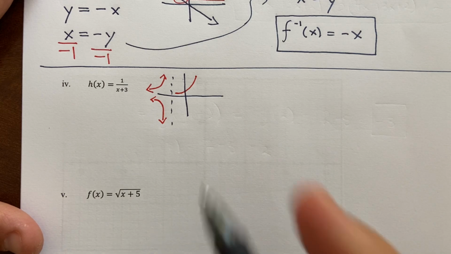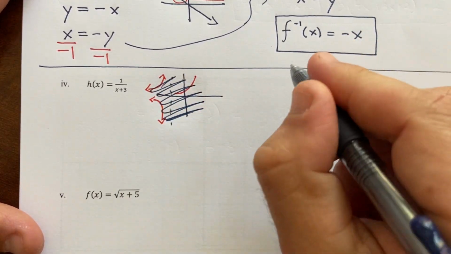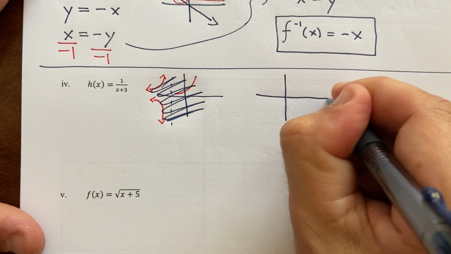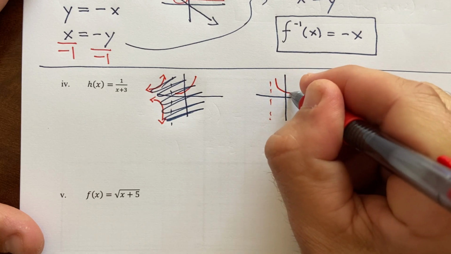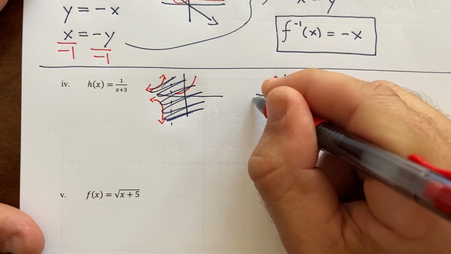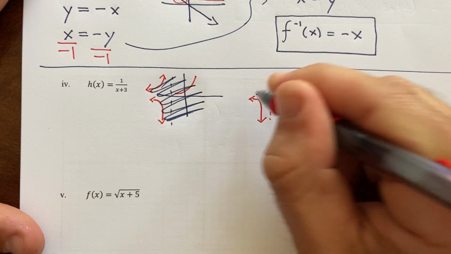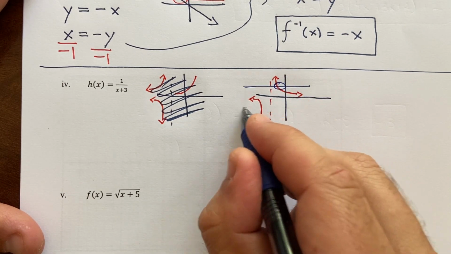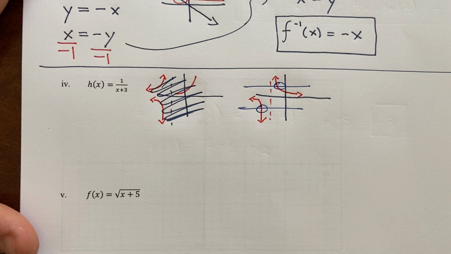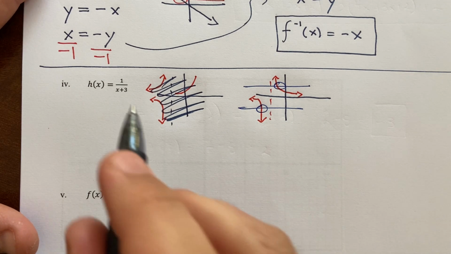Sorry, let's try that again. So we'll have a vertical asymptote over here, and we'll have this part and this part. So if you imagine some horizontal line, it would just hit once. So an inverse does exist.